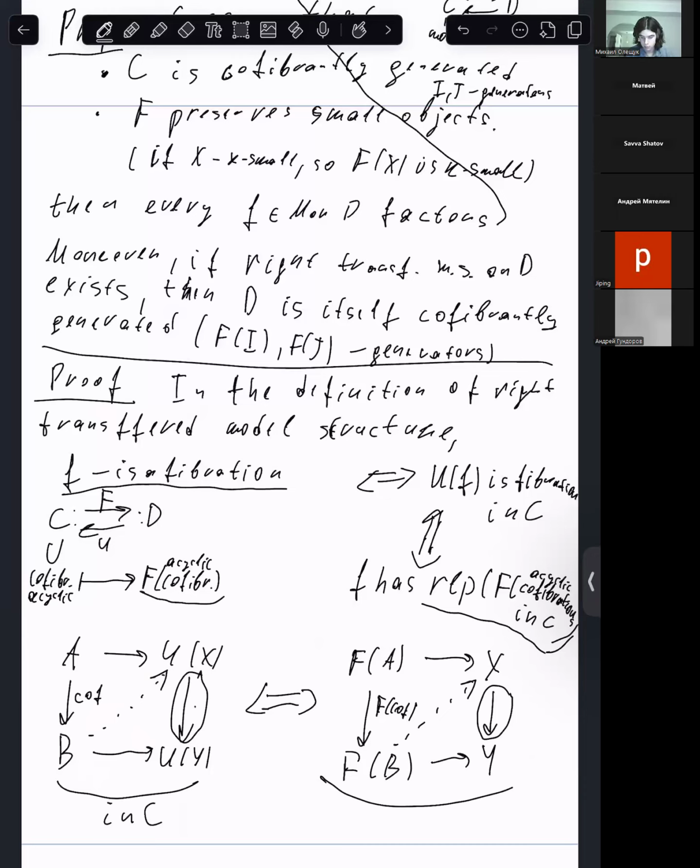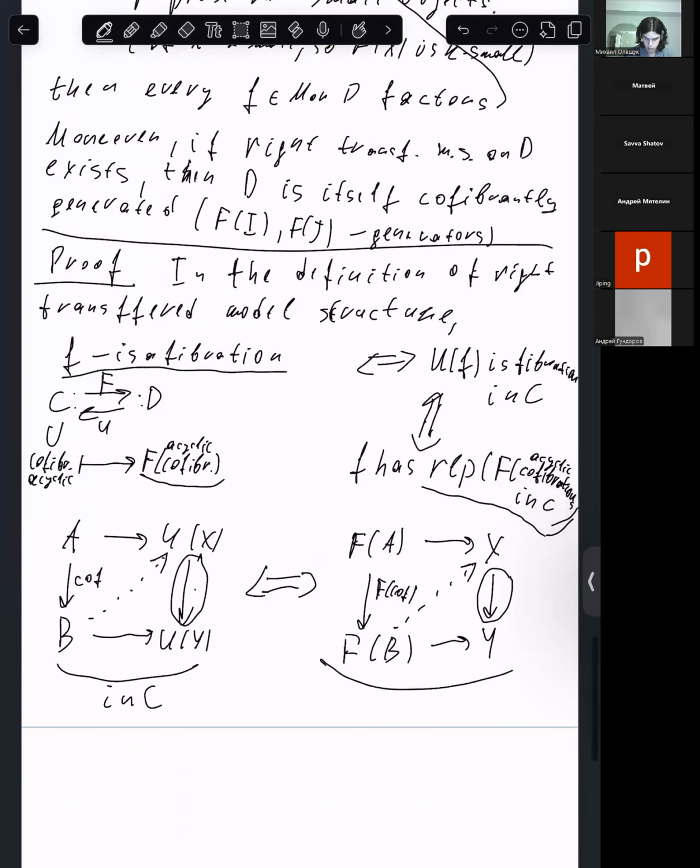And analogously, f is an acyclic fibration if it has an RLP against images of all cofibrations in C.